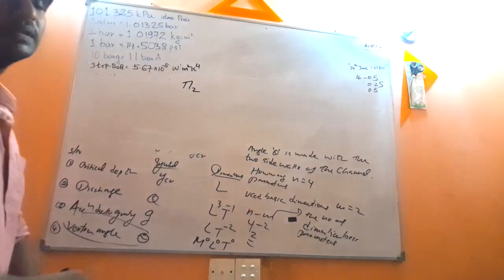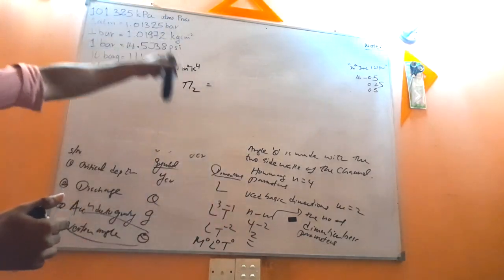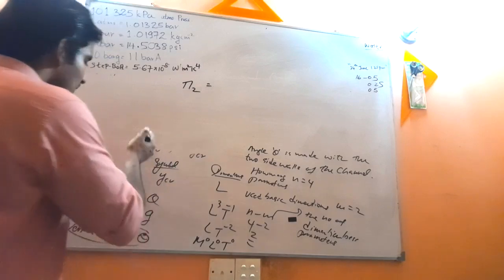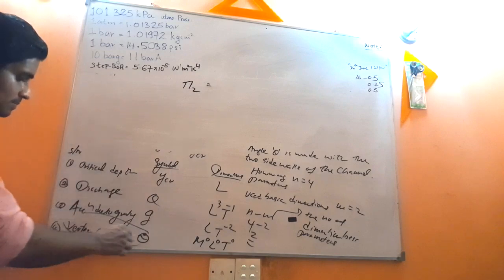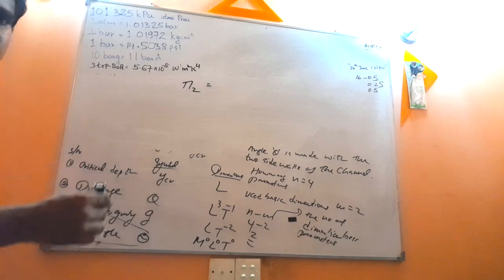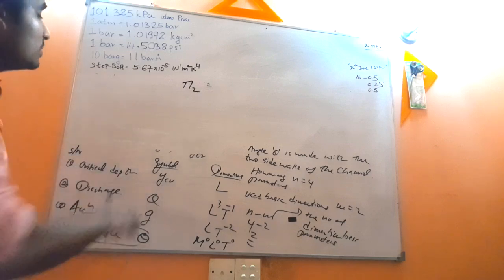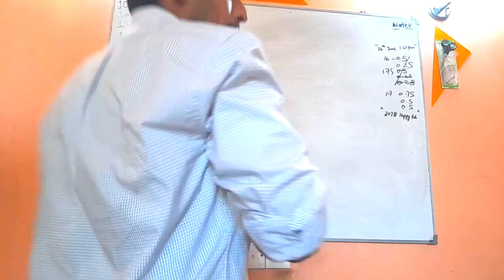Phi 2 we are going to write by using the other 3. Among these 4 parameters, one has no dimensions, and 3 have dimensions.